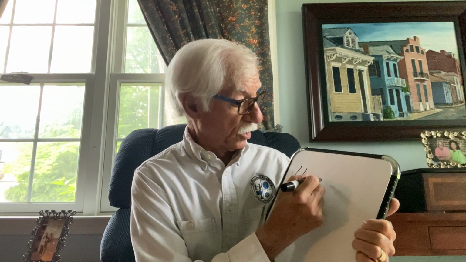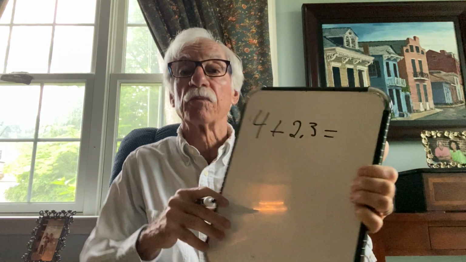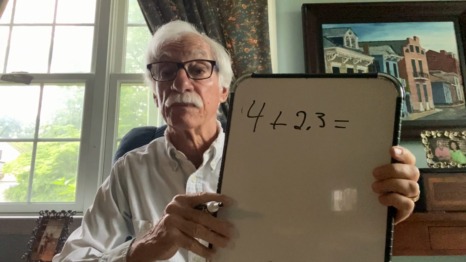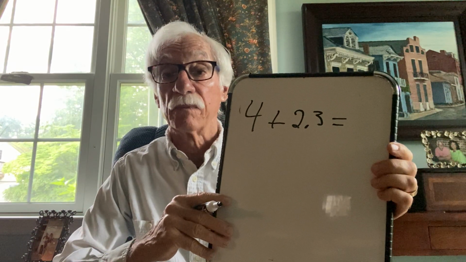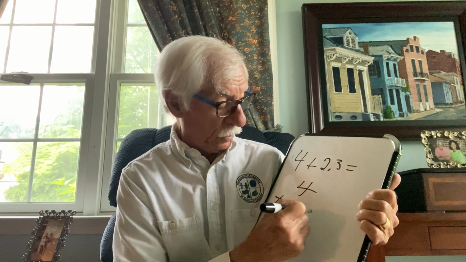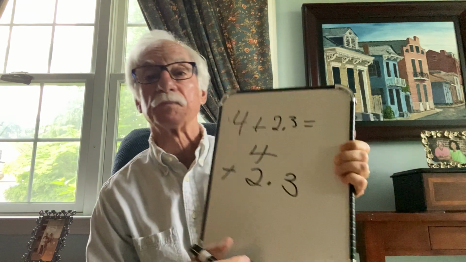4 plus 2 and 3/10 equals. Again, horizontal equation, make it vertical. 4 plus, and I would put the zero in here. Whoops, I'm sorry. 2 and 3/10.